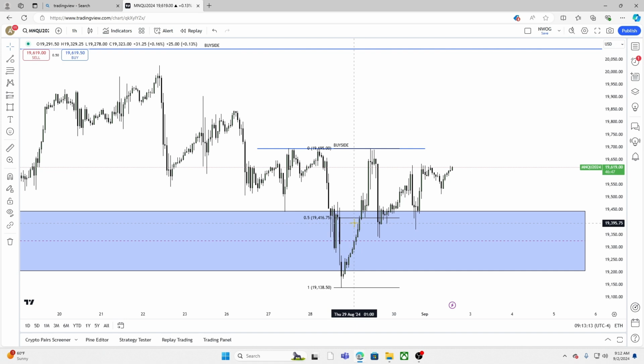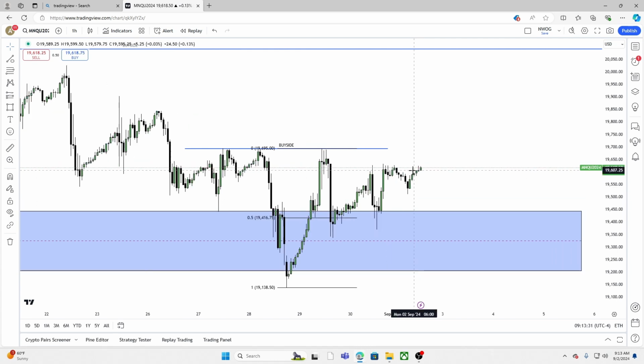The bodies respected this fair value gap. The wicks did the damage right here. And then we traded higher. And then we came back down to retest this daily BISI one more time. The bodies respected the high end. We run higher, making a shift in market structure. Now this is the range, since we ran low, ran higher.